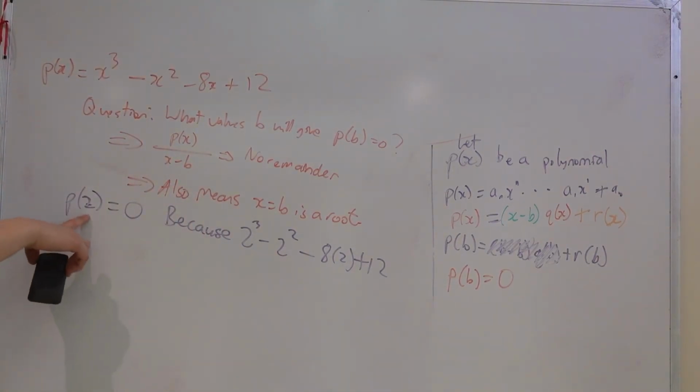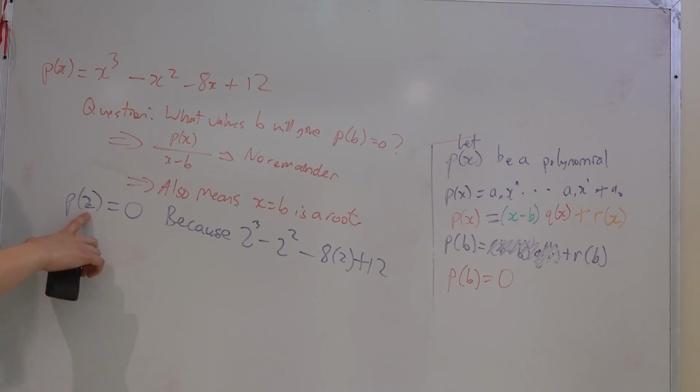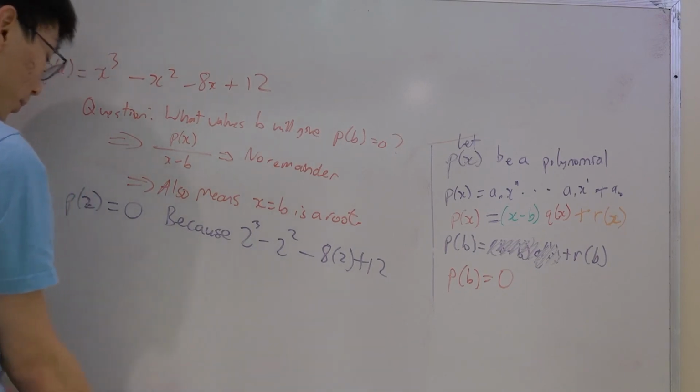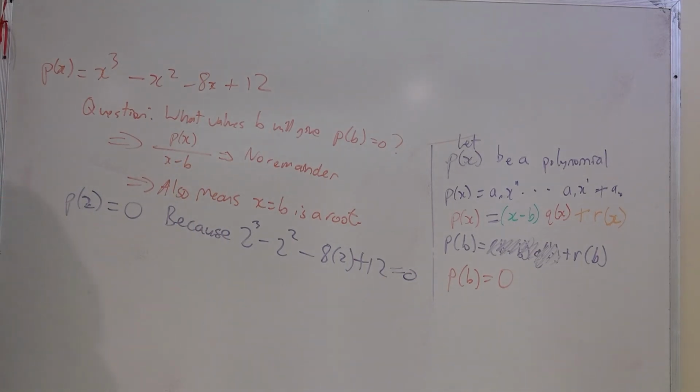As soon as you come across one number, you can stop. And this is a good thing. You just have to guess a couple of numbers, and usually the numbers are not too hard to guess, but eventually you'll come across one that works because this thing is equal to 0. And then you can do polynomial division. How do you do polynomial division? This is the big question that we've been leading up to this entire time.